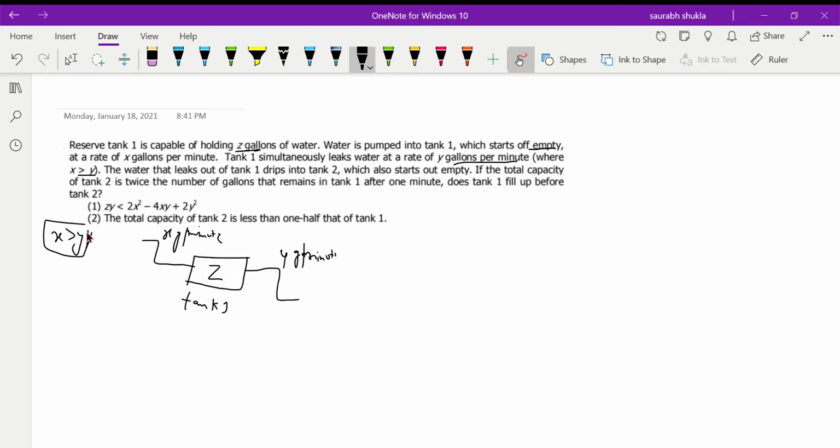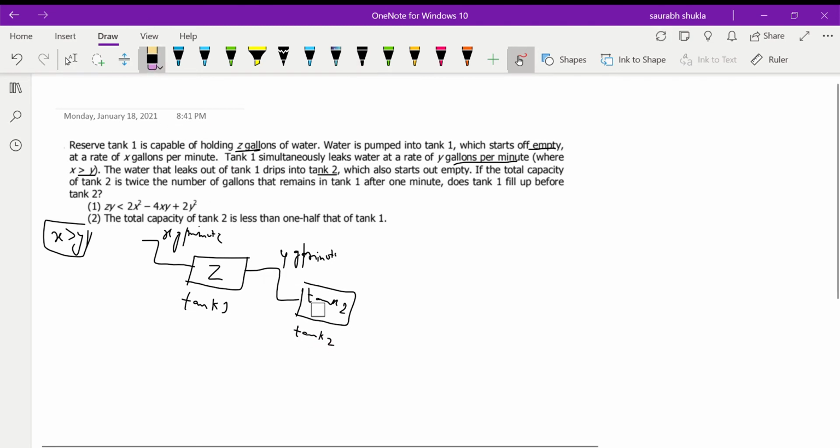Now, the water that leaks out of tank 1 drips into tank 2. So there is another tank 2, and the water leaking out of tank 1 goes into it. This is tank 2, and here we will write the capacity. It also starts out empty.